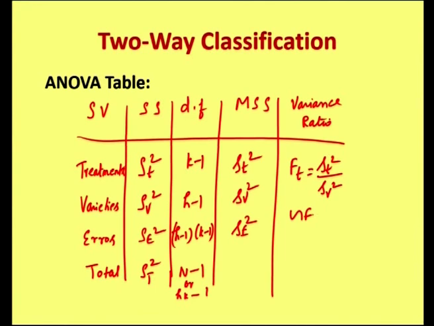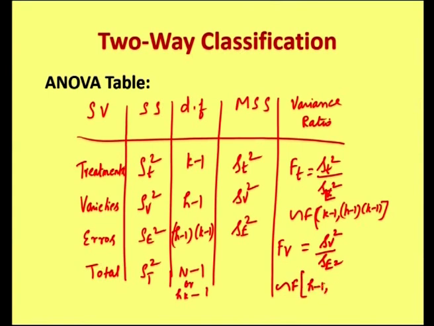It follows F distribution with k minus 1 comma h minus 1 into k minus 1 degrees of freedom. And the second statistic is for varieties Fv is equal to sv squared by se squared, and it follows F with h minus 1 comma h minus 1 into k minus 1 degrees of freedom.